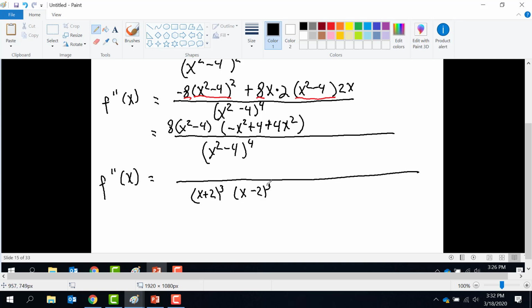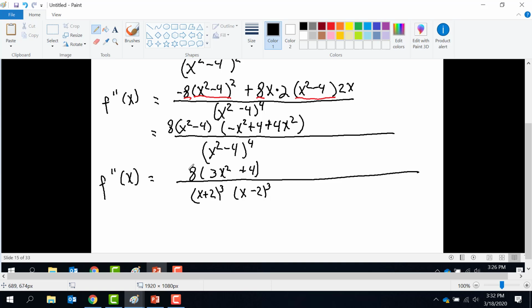Right? And one of the x squared minus 4 went away. Here, the minus x squared and the plus 4x squared make 3x squared. The 8 is still there. And we get 3x squared, and then plus 4.